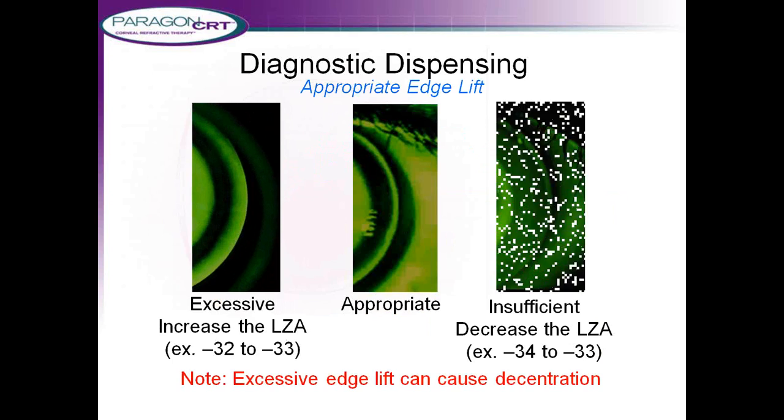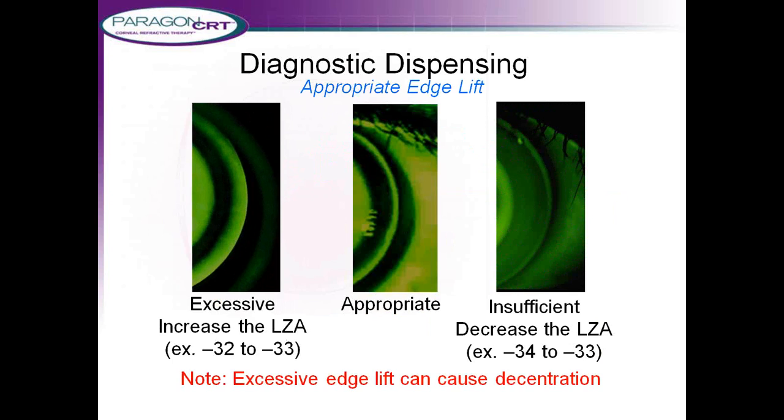Evaluate the edge lift appearance. This slide shows the edge lift differences and the appropriate angle changes for excessive or minimal appearances. The picture on the left shows excessive edge lift. So what we would need to do to move that point of tangency closer to the edge of the lens, we will need to increase the landing zone angle.